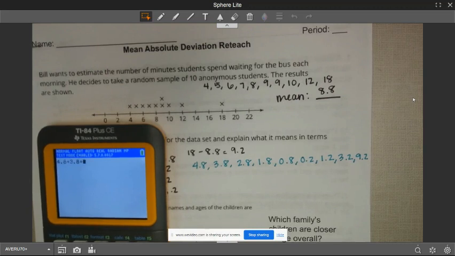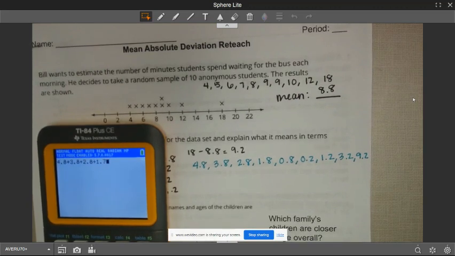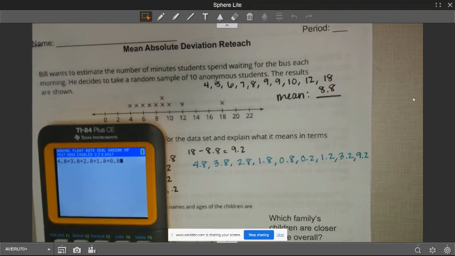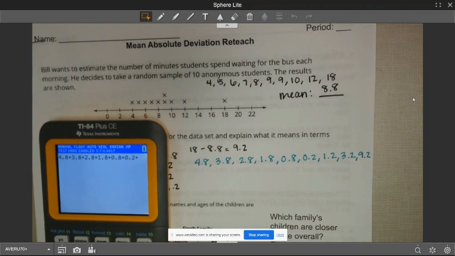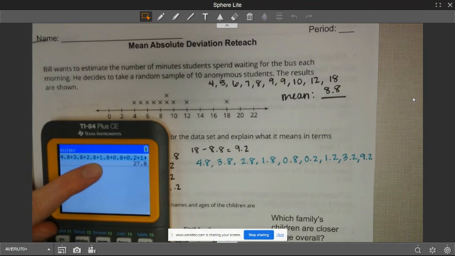Let me do it again. 4.8 plus 3.8 plus 2.8 plus 1.8. Oops, that's a 7. Maybe that was my mistake. 0.8 plus 0.2 plus 1.2 plus 3.2 plus 9.2. 4.8, 3.8, 2.8, 1.8.